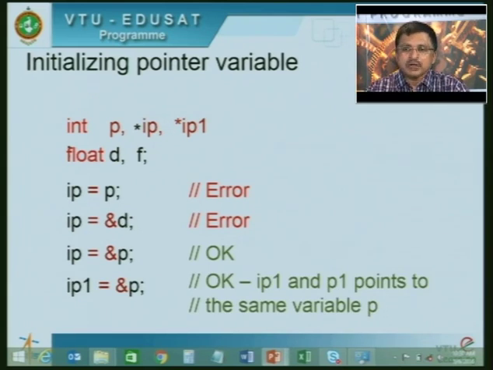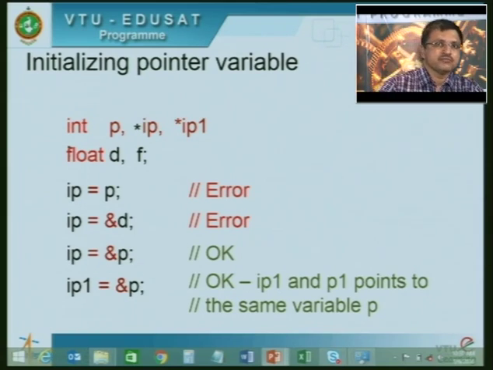But here we have done a trick, or we have slightly complicated things. Now I have two pointers, IP and IP1, both are integer pointers, and both I have assigned to hold the address of P. So what have we done? We have two pointers IP and IP1, and now both point to the same address location.